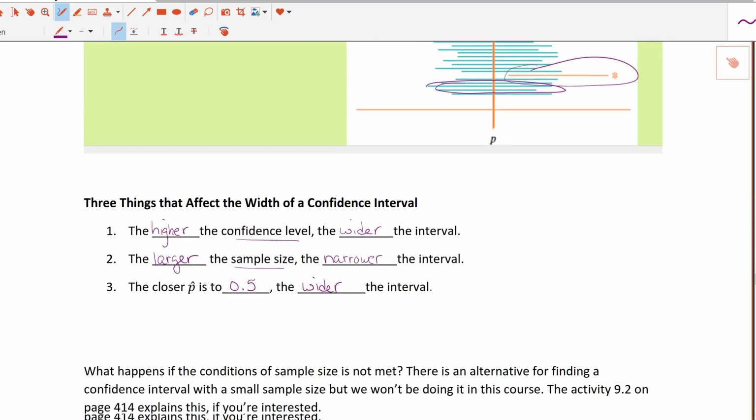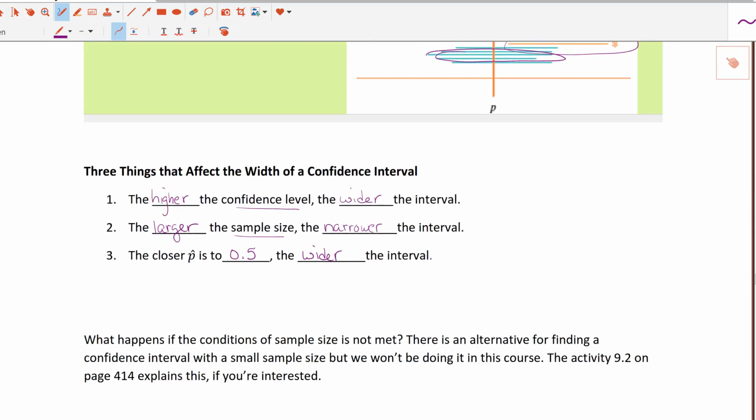Okay? So sometimes people ask questions, what happens if the conditions of the sample size are not met? Because we have to check it, and if those conditions are not met, we cannot use this method for creating a confidence interval. There is an alternative for finding a confidence interval with a small sample size, where we can't expect to get at least 10 successes and at least 10 failures.